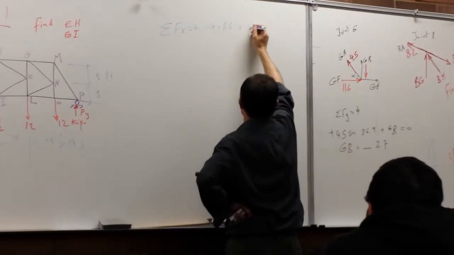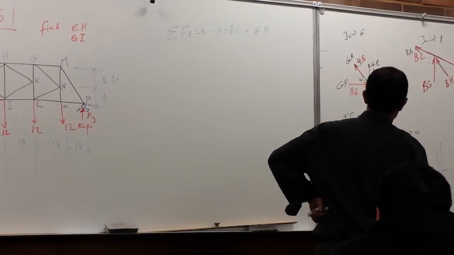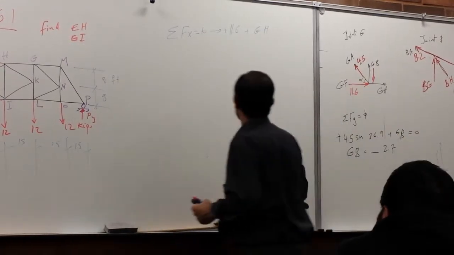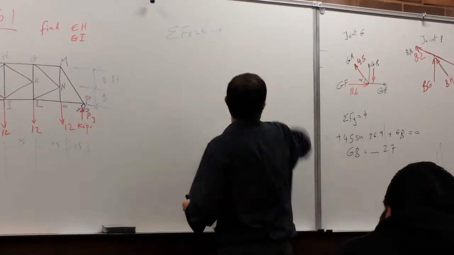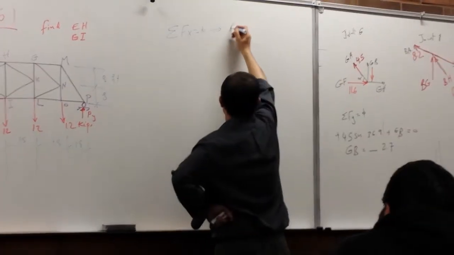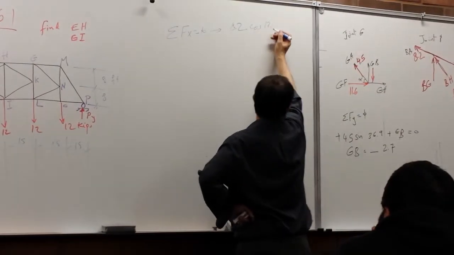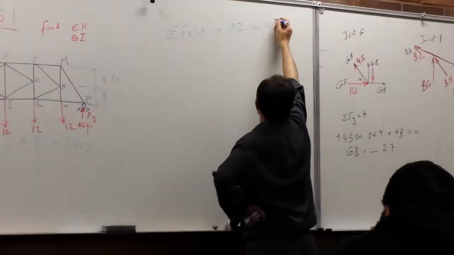GH is positive. Where am I looking? Sorry, I'm looking at this one. 8.2 cosine of 12.7 is negative.